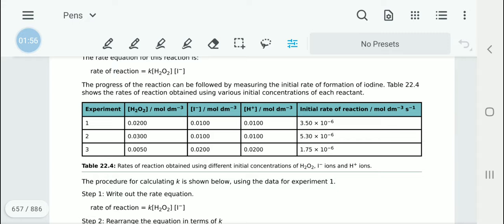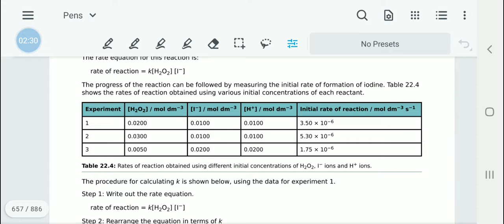Then they have changed the concentration of H2O2 to 0.005. That means they have reduced it, but they have changed the concentration of iodide and hydrogen ion to 0.02. Then the rate has decreased to 1.75 into 10 to the power minus 6.